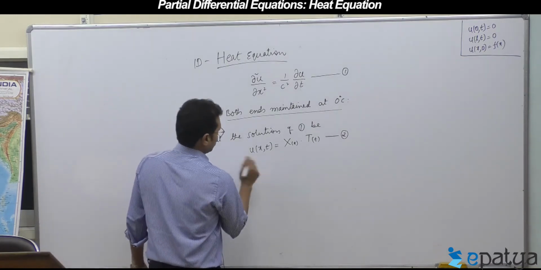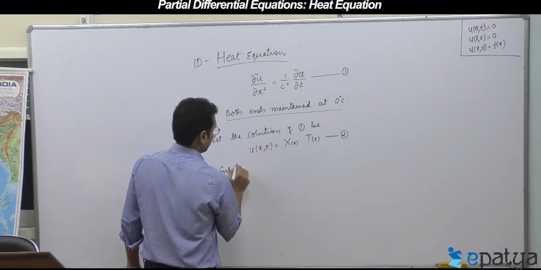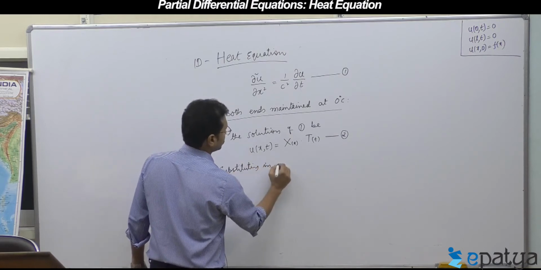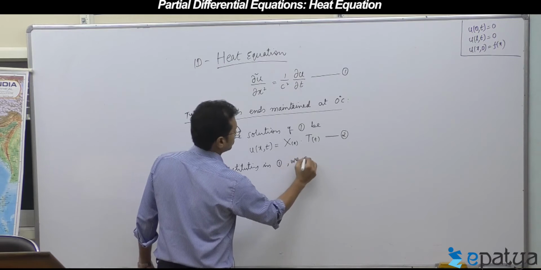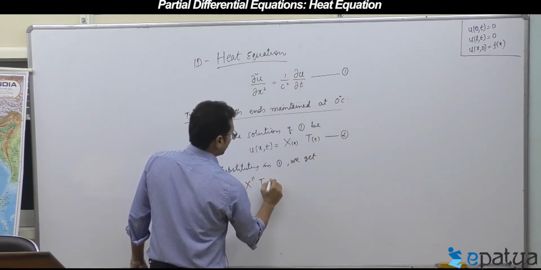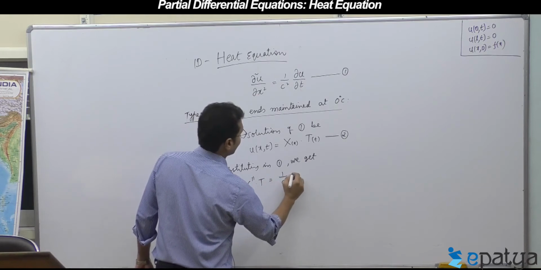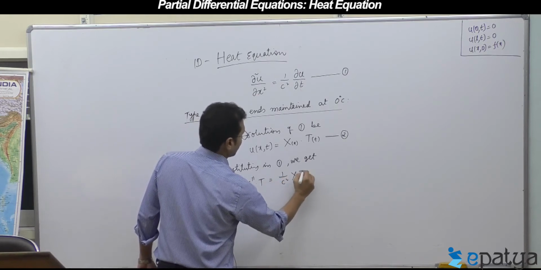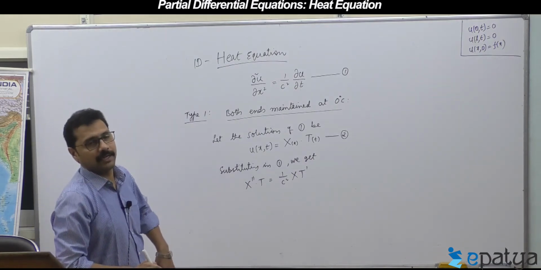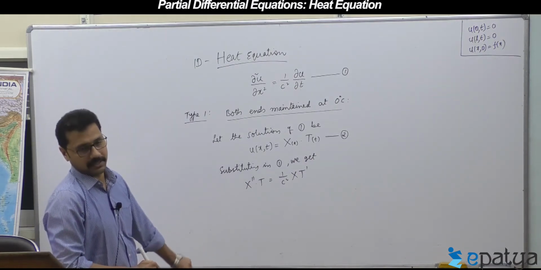Anyway, substituting in 1, we get X double dash into T. What is c here? You take it as diffusivity constant.